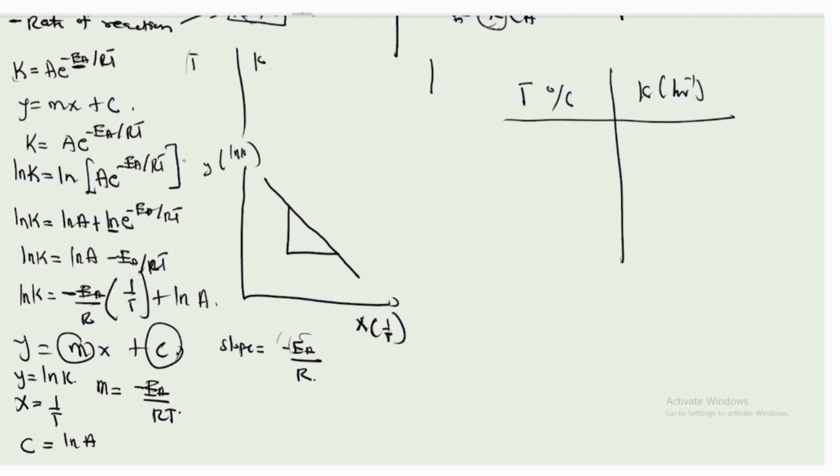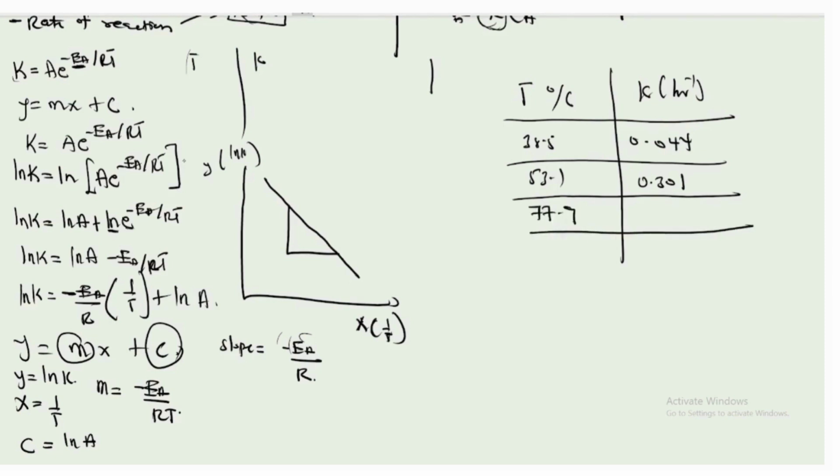At 38.5 we have a rate constant of 0.044, at 53.1 the rate constant is 0.301, and at 77.9 we have 1.665. Because the rate constant depends on temperature, anytime you vary the temperature, the rate constant will also vary.